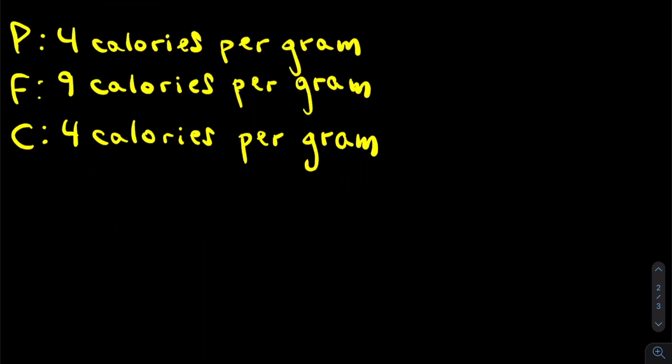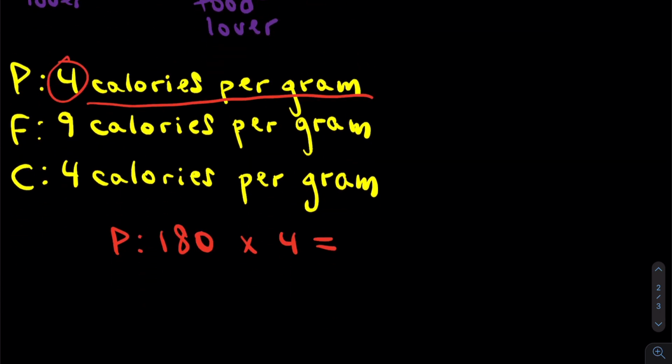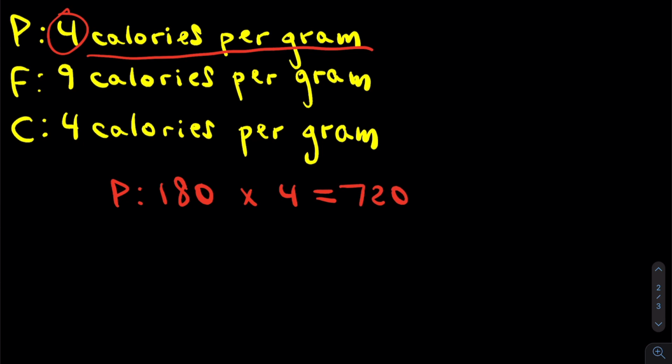So for protein, we basically know that Bruce Wayne's weight is 180. And since we know that, we're gonna use 4 because, why? Because in protein there is 4 calories per gram, like I just explained. So 180 times 4, which equals to 720 calories.